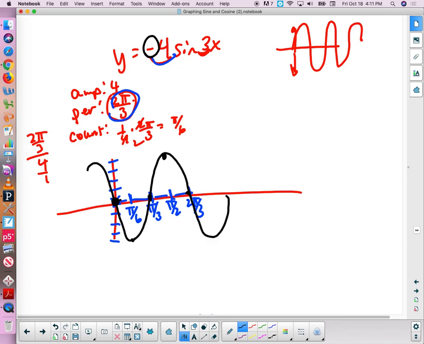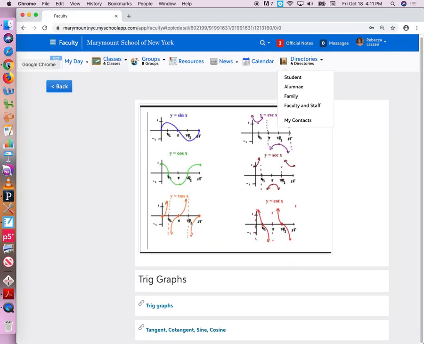All right, so for our last few minutes, let's look at Delta Math and see what that has.